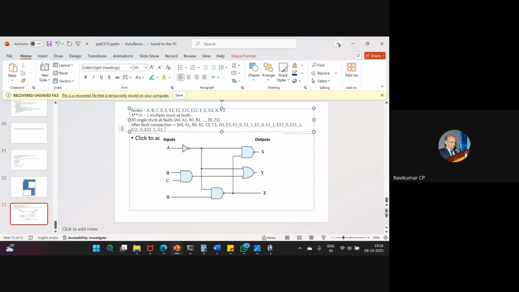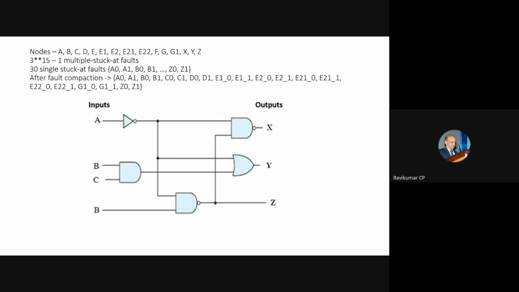G1 0 and G1 1. Okay. So, and then finally Z0 and Z1. So these are our faults worth considering. Now the number of faults is 1, 2, 3, 4, 5, 6, 7, 8, 9, 10, 11, 12, I guess. And then 13, 14, 15, 16, 19. So around 19 or 20. Okay. So we have managed to reduce it further down to 20.